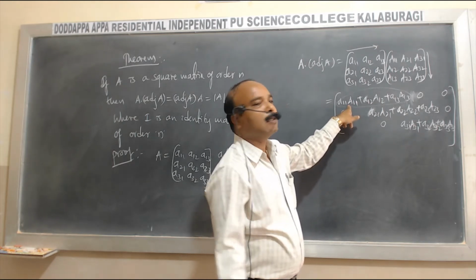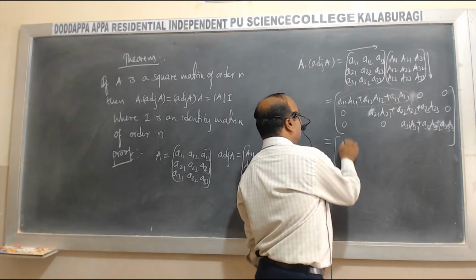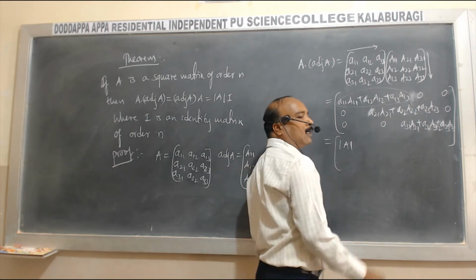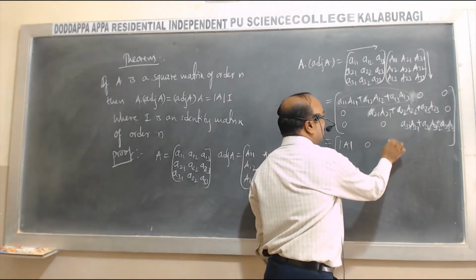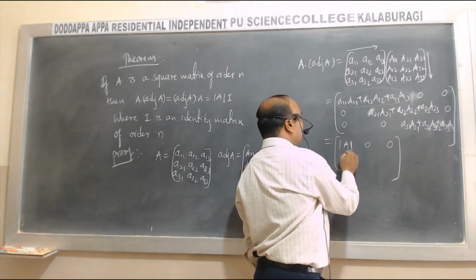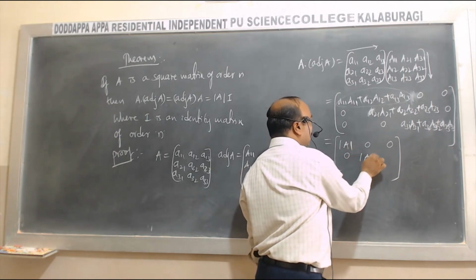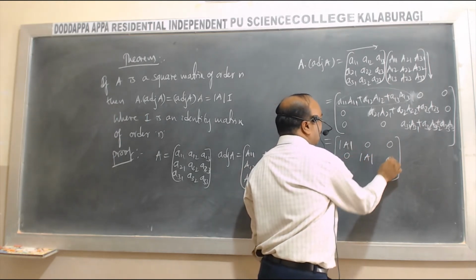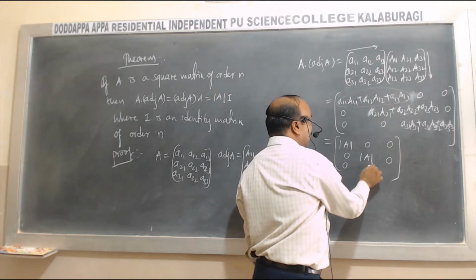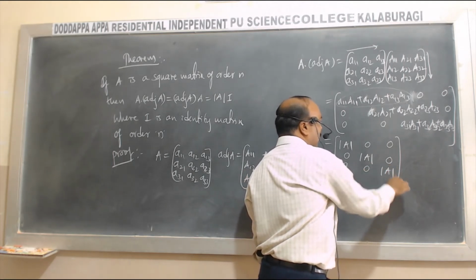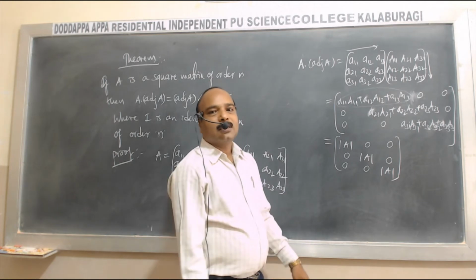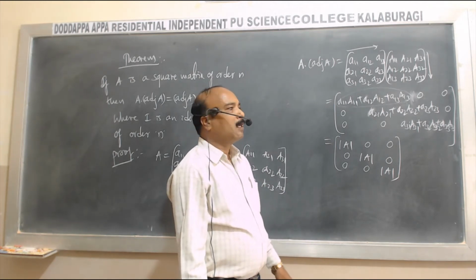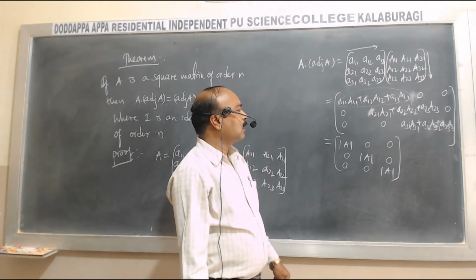Therefore it is always equal to determinant of A. So the diagonal entries are determinant of A and all the others are 0. We get this result by using the property of the cofactors from yesterday.